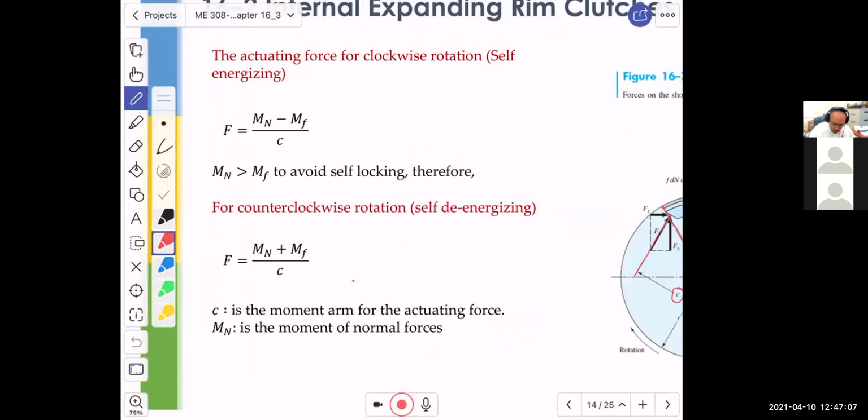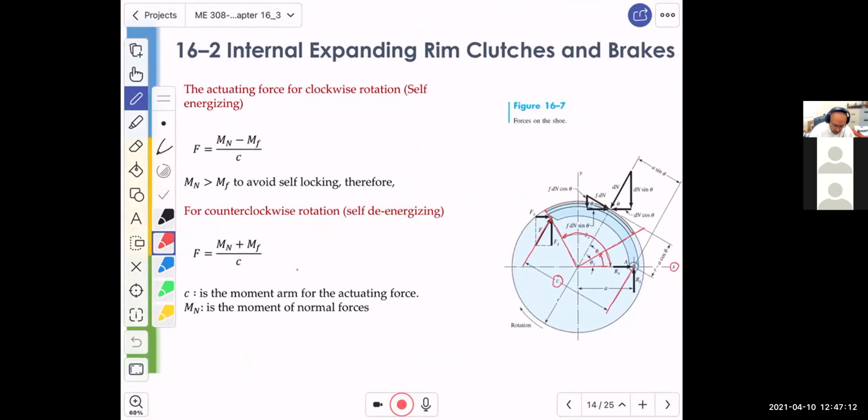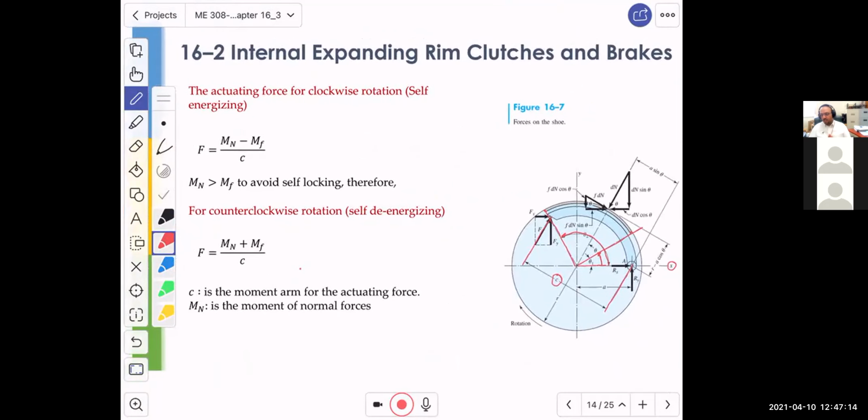Let me show you, before I stop, because I will stop in a minute or so, the detail. You will see that we can derive that the actuating force F is related to the moment due to the normal forces minus the moment due to the frictional forces, because these forces will cause moment.